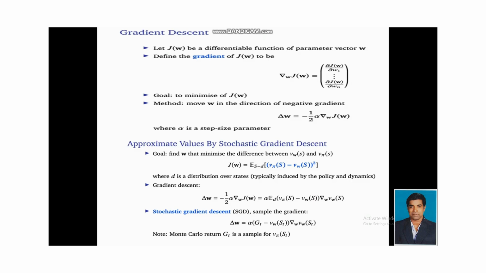The gradient descent change in weight delta W is equal to minus half alpha gradient W J of W. That means alpha into expectation of V pi of S minus V W of S into gradient W of V W of S. Stochastic gradient descent, SGD, samples the gradient: delta W is equal to alpha into (G T minus V W of S T) into gradient W of V W of S T. Note, for Monte Carlo, G T is a sample for V pi of S T.